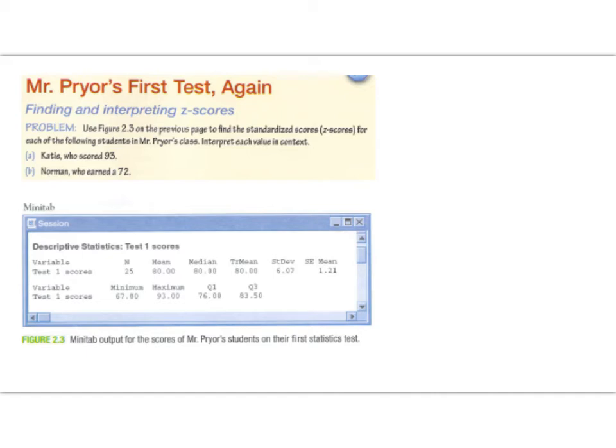So remember we had Katie before who did a really good job. She was at the 96th percentile by scoring a 93 on the test. She had the highest score on the test. Okay, so if we want to standardize Katie's score, we want to figure out how many standard deviations away from the mean she is. We're going to calculate Katie's z-score. So her z-score is her score minus the mean, and again, we've got that data down here.